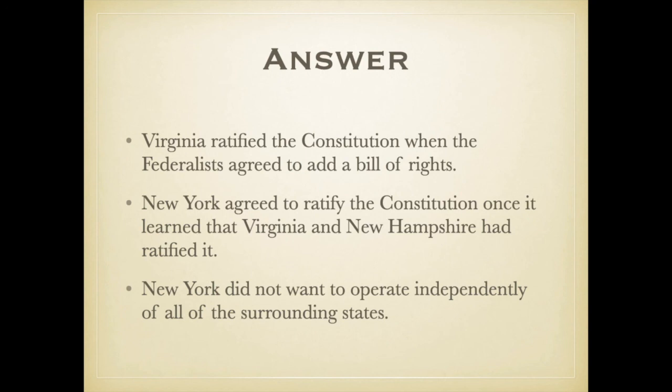New York agreed to ratify the Constitution once it learned that Virginia and New Hampshire had ratified it. New York did not want to operate independently of all of the surrounding states.